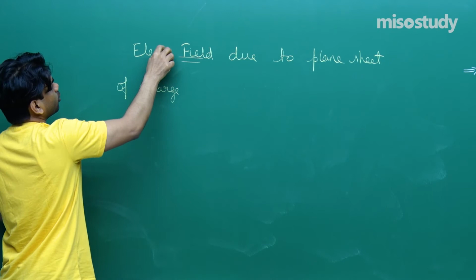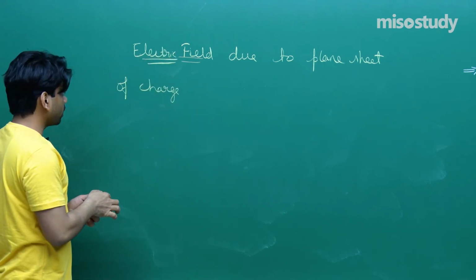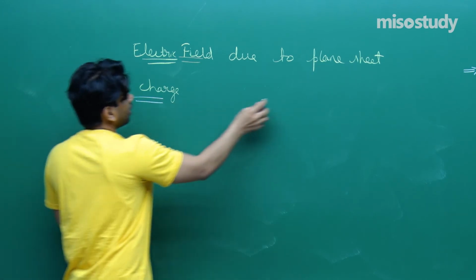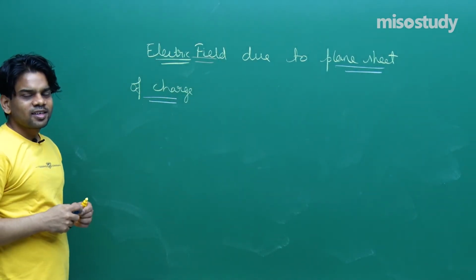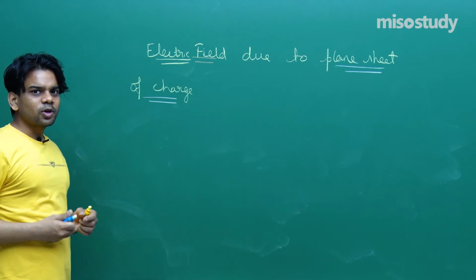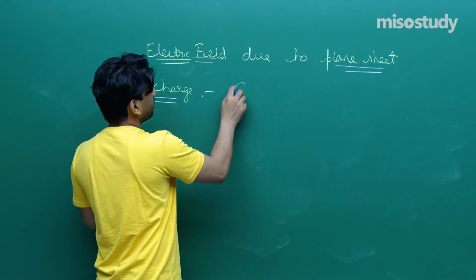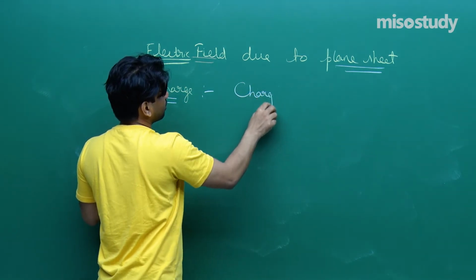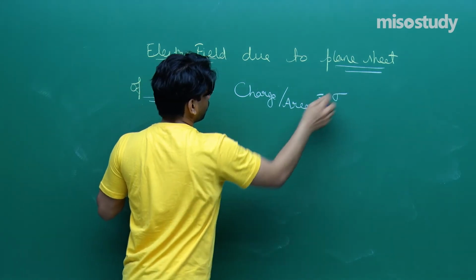We will be very quick in doing this, since we have already learned the method. Due to a plane sheet of charge, let's find the value of the electric field. The charge is distributed over its entire area. So let's say the charge per unit area is sigma.